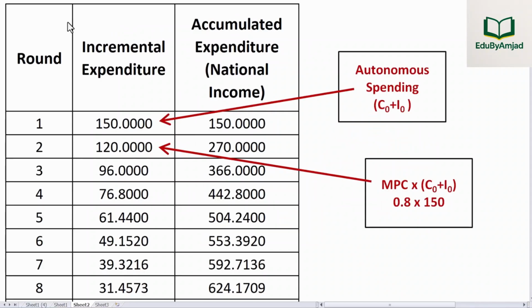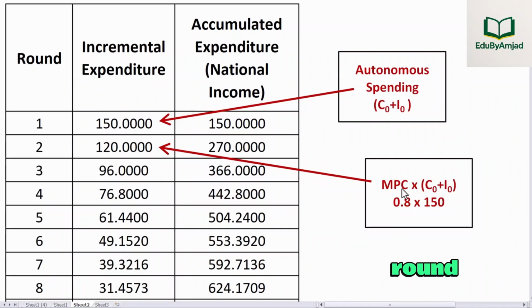Now, let's visualize the series using the table. The first column lists the round number. The second column shows the incremental expenditure in each round. And the third column shows the accumulated sum of the current round and all previous rounds. In the first round, incremental expenditure is the autonomous consumption plus the autonomous investment, 50 plus 100 equal to 150.